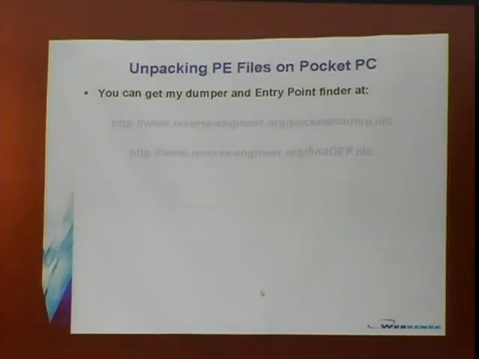So you can grab them if you need to try some unpacking on Pocket PC. I gave my slides to the Toor2126 guys, so they will probably be online, and you can get the address from them.